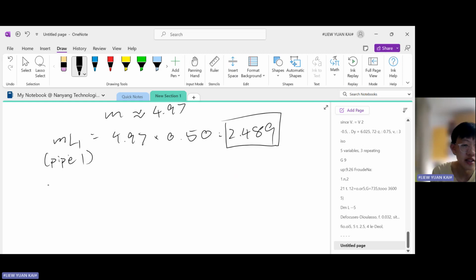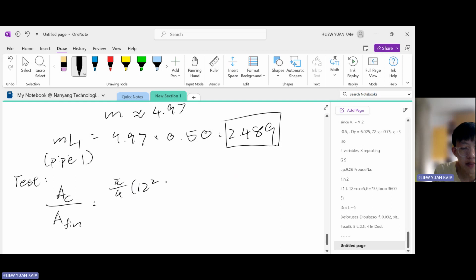The way to do that is by calculating Ac over A fin. Ac is the cross-section area, A fin is the surface area of the fin. So you must test this. Okay, so this is the test. The cross-section area is given by this, right?